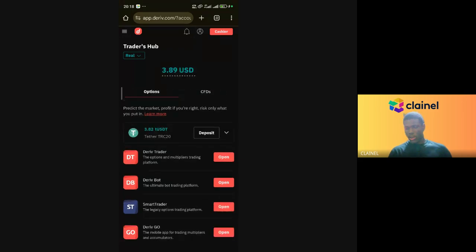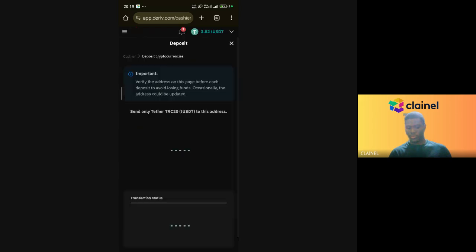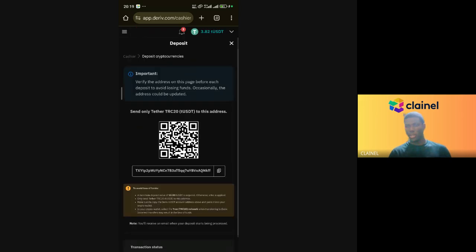Okay, so as I've said before, I already have USDT deposited in my account. So all I need to do is click on deposit. If I click on deposit, a wallet address is going to be given to me. Like I said before, for you to deposit to your Forex account, you have to deposit USDT on TRC20, right?